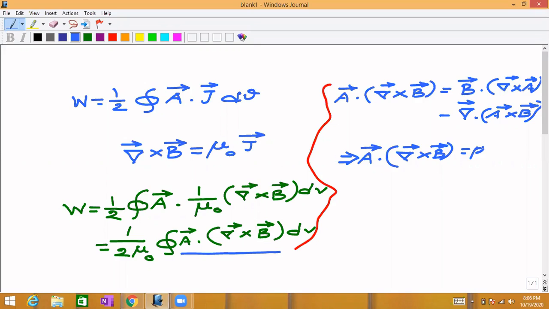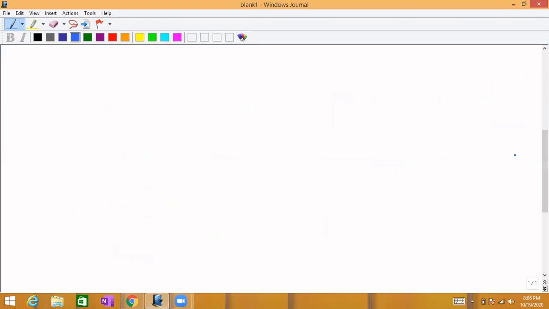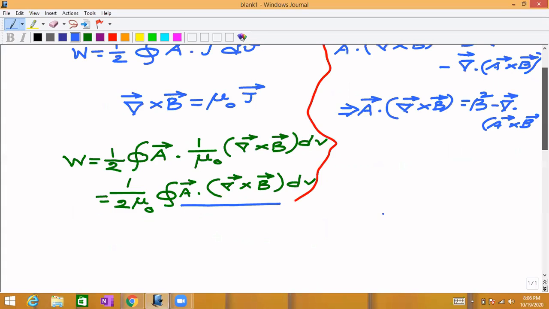It is B square, plus divergence of A cross B. Right?